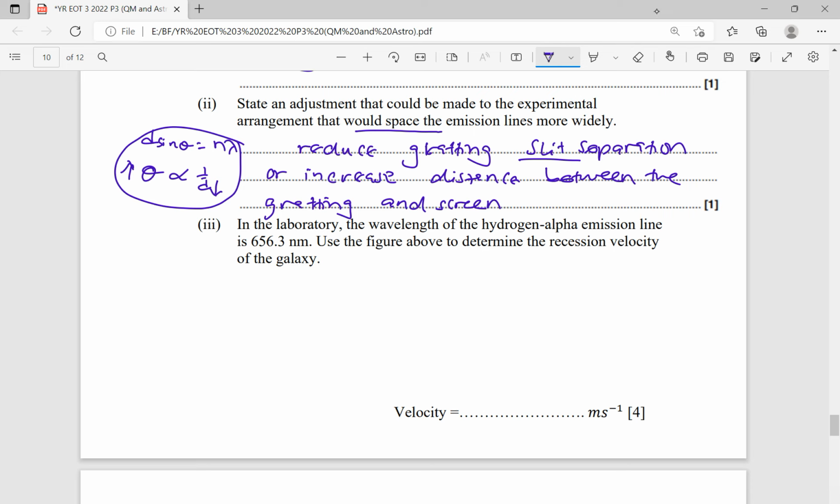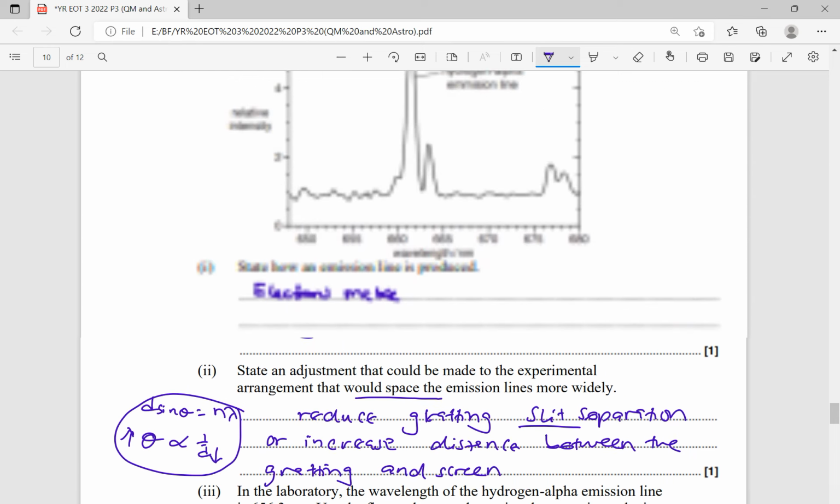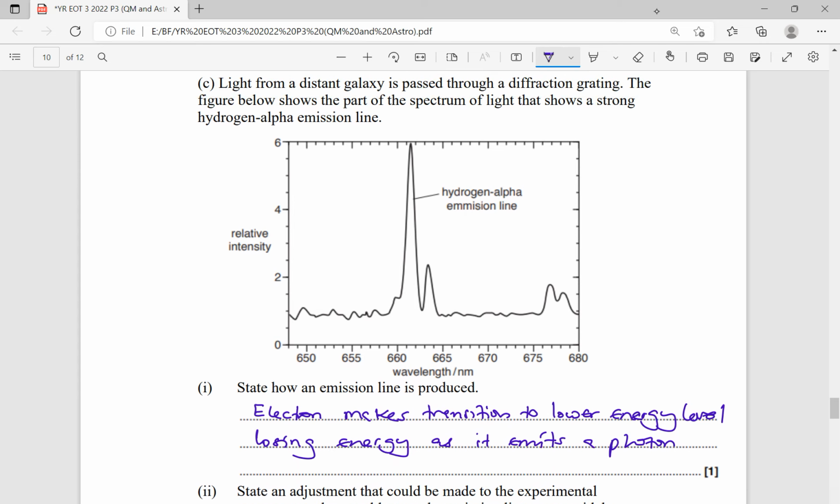We know the redshift equation: delta lambda over lambda is equal to V over C. So we want to find V. V is going to be delta lambda over lambda times C. The difference in wavelength: in the laboratory, we have this wavelength, but light from the distant galaxy shows approximately, I think it is at the center, around 661.5, somewhere here.